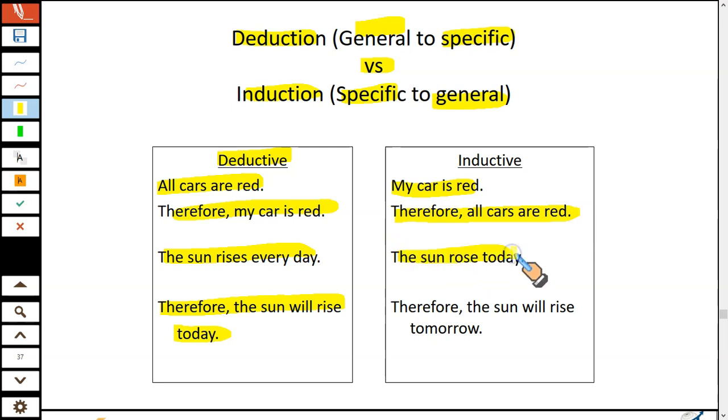The sun rose today, the specific observation, so therefore the sun will rise tomorrow. This table you see on your screen highlights the direction of reasoning in each method. General to specific, that is deduction. From specific to general, it's induction.